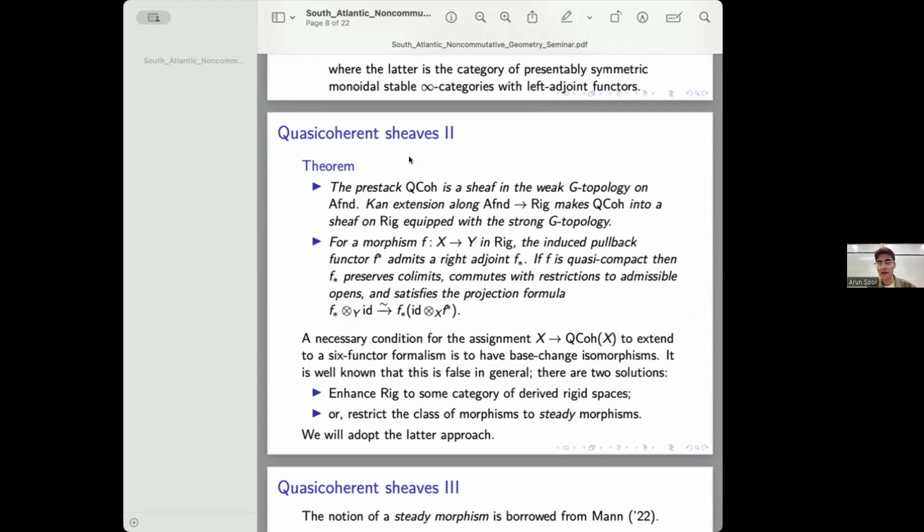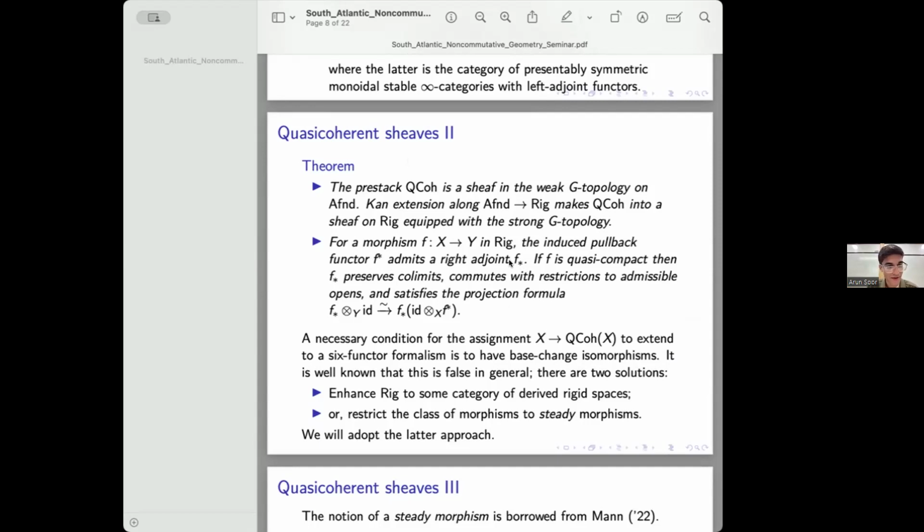Okay, so we need to establish some properties in order to get a six-functor formalism. For every map of rigid spaces, because QCO is now a pre-stack on rigid spaces in the strong topology, you have a pullback functor, and this pullback functor admits a right adjoint. This is kind of formal just because it's colimit preserving and we work with presentable categories.